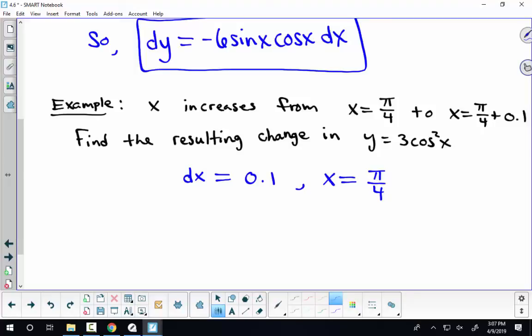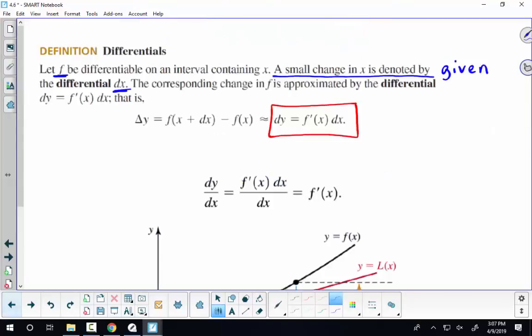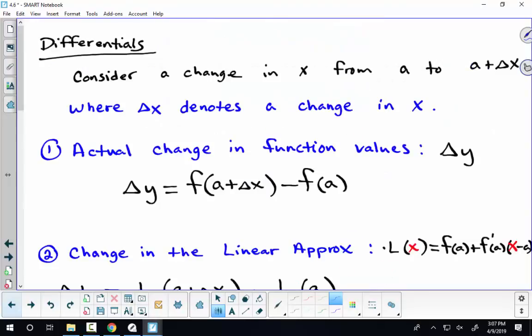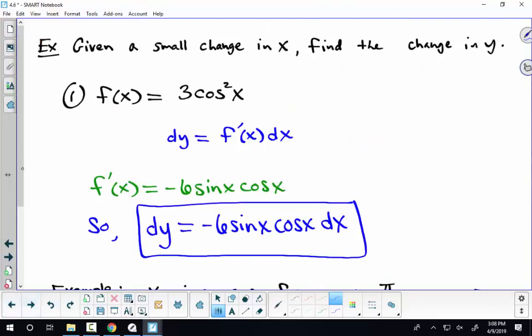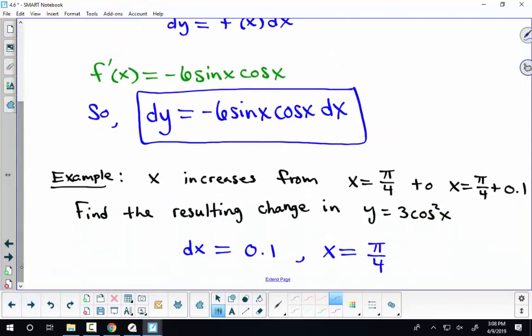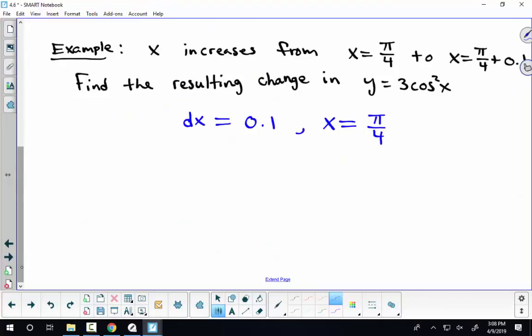Does everybody see that? If we go back to where we derived this, the change in x is measured from a to a plus delta x. So the change in x here is just that delta x, whereas x starts at a and gets moved over by that particular change. Okay. So dx is 0.1 and x is pi over 4.